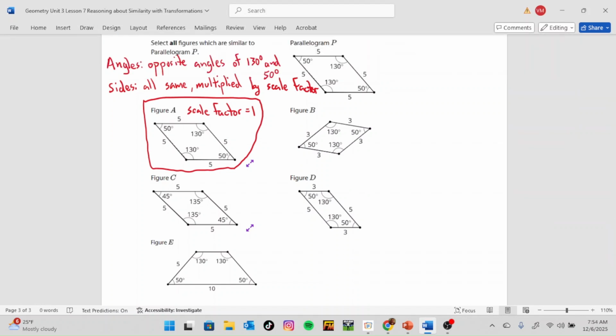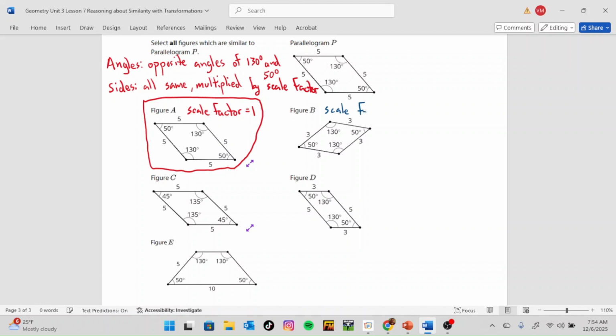Now let's look at figure B. First thing I need, opposite angles of 130 and 50. That's our first point. Second, I need all the sides to be the same, and they're all 3. Last thing, I need them to be multiplied by a scale factor.